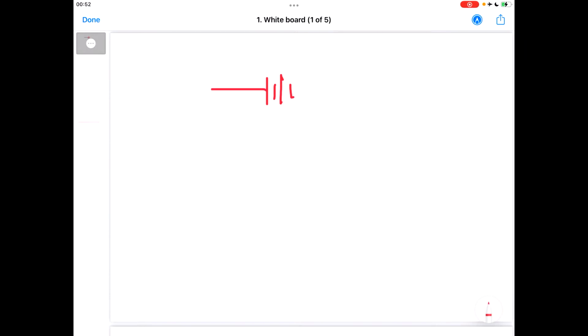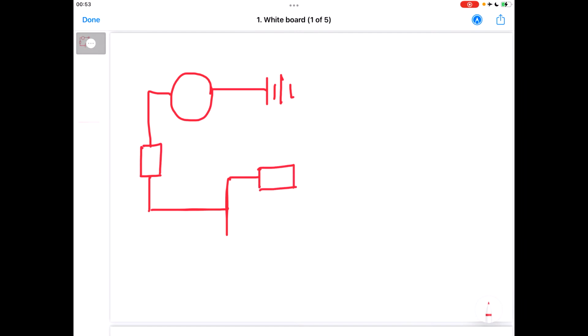Remember guys, this is just me trying to draw something. It doesn't need to make perfect sense or be accurate. I just need to give you an idea of how circuits may look like and do a very quick interpretation.